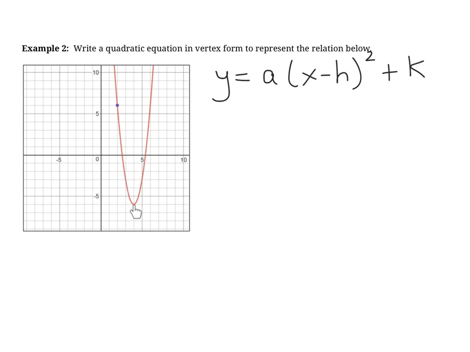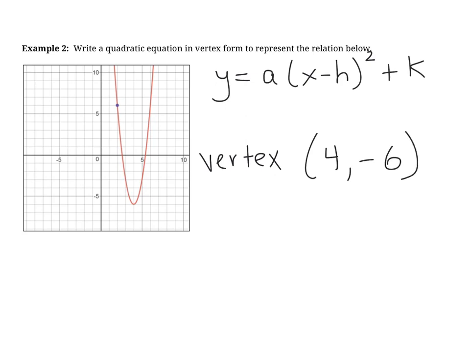And if I look at the scale and read the numbers off of the scale, my x value is going to be a 4, and the corresponding y value is going to be a negative 6. So my vertex, according to my given graph, is located at 4 and negative 6.